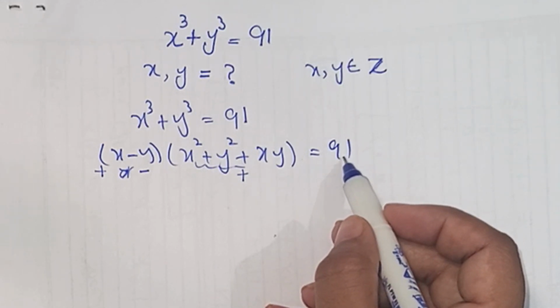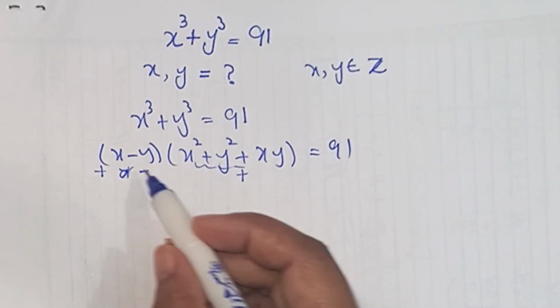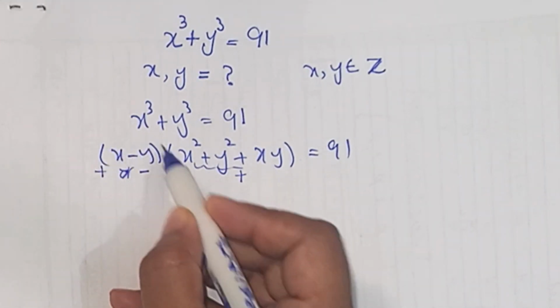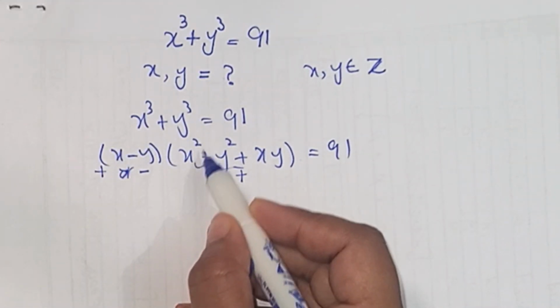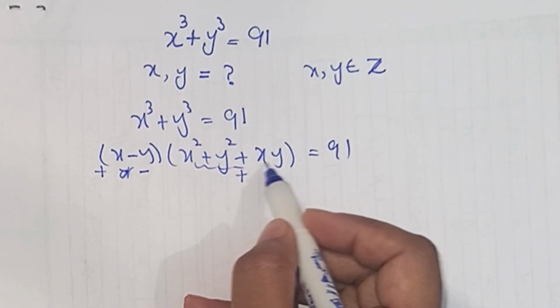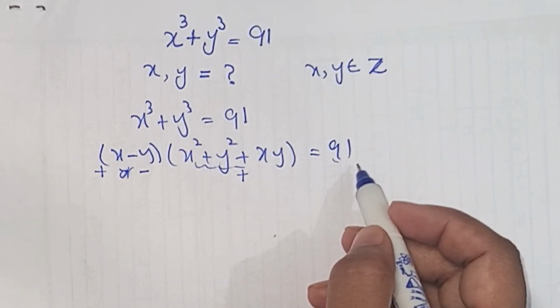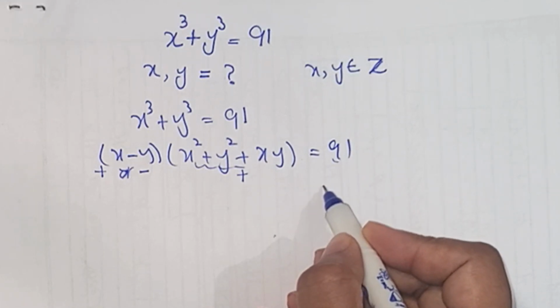This is 91, and the left hand side is a product of two numbers. The first number is x minus y and the second number is x square plus y square plus product of xy. That is why we split this 91 into two numbers.